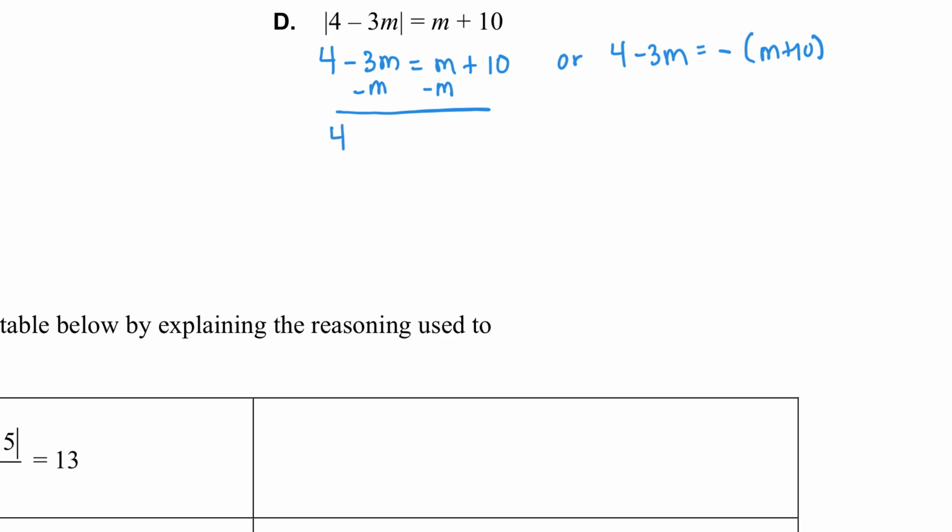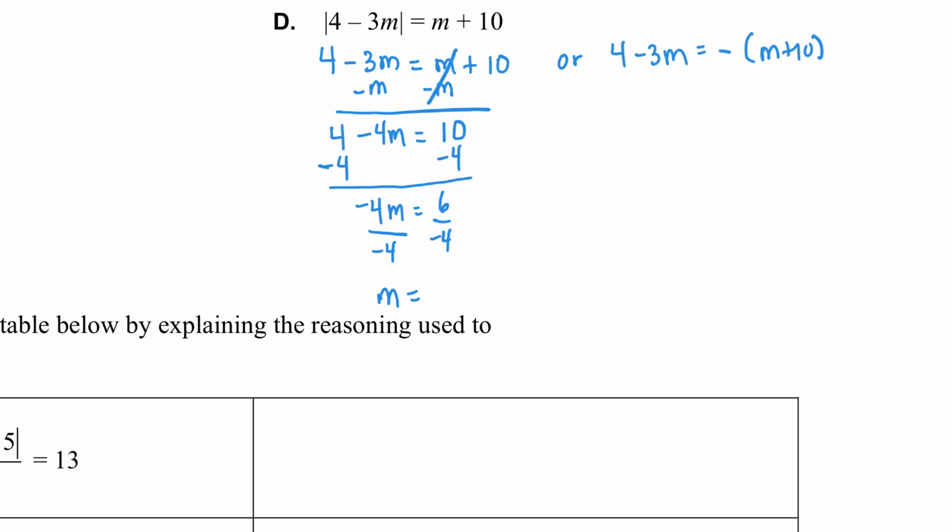So we have 4 minus 3m minus m is negative 4m equals m minus m is 0, 10. Subtract 4 from both sides. So you have negative 4m is equal to 10 minus 4, which is 6, divided by negative 4, divided by negative 4. So we have m is equal.